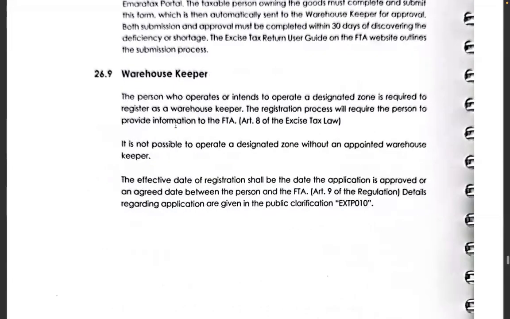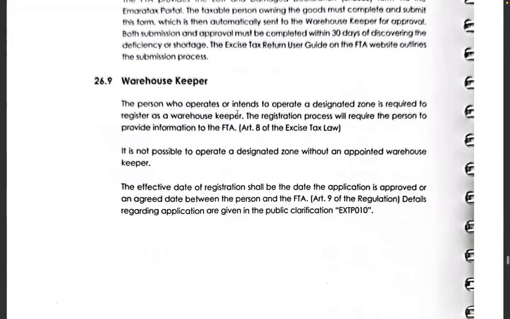Warehouse keeper. Now, the person who operates or intends to operate a designated zone is required to register as a warehouse keeper. The registration process will require the person to provide information to the FTA. So the person who operates the entire designated zone has to be registered with the FTA as a warehouse keeper. It is not possible to operate a designated zone without an appointed warehouse keeper.